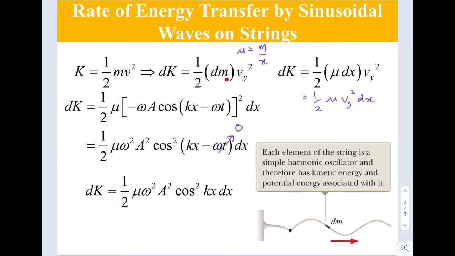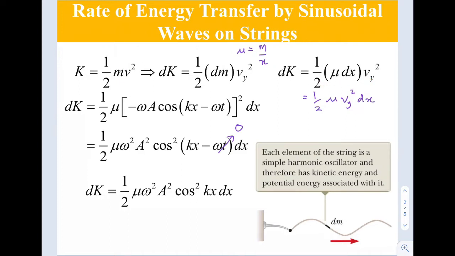And the mass can also be replaced with mu dx, because mu is equivalent to m over x, where mu is the linear mass density, m is the mass, and x is the length. So substituting the dm with mu dx, you will get this formula.